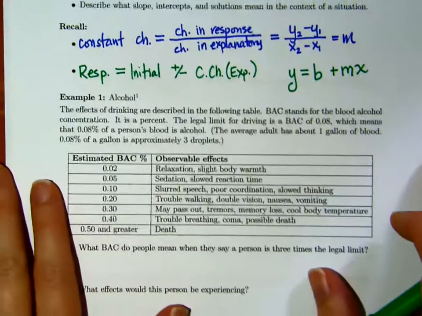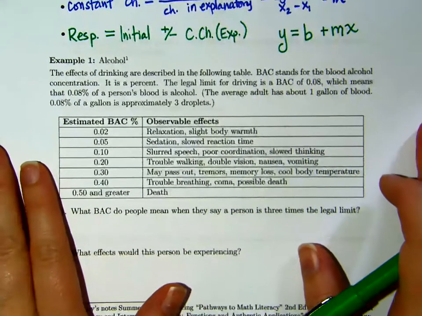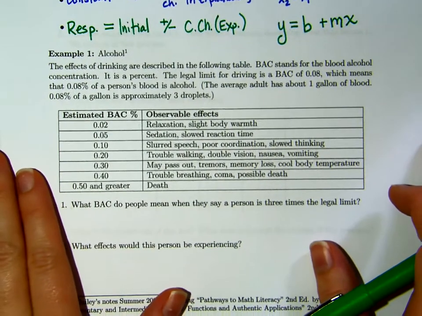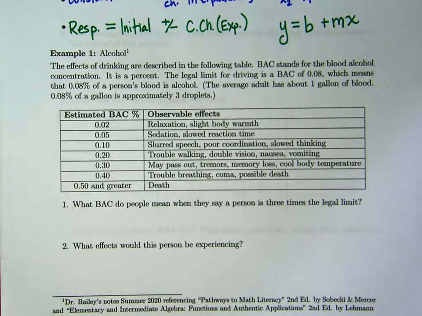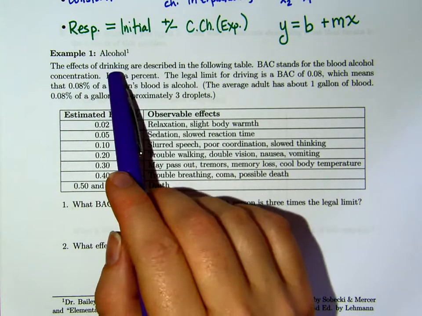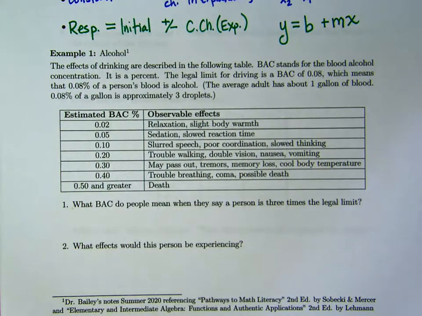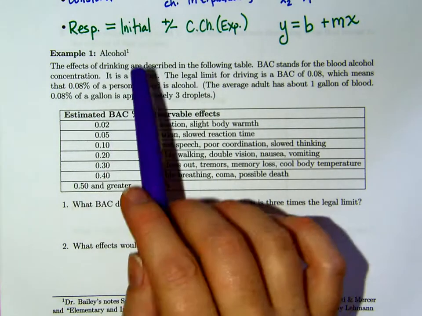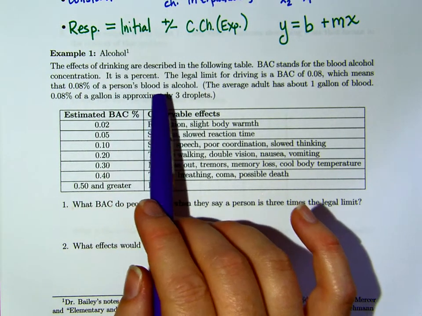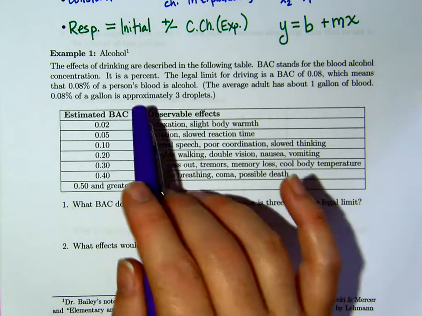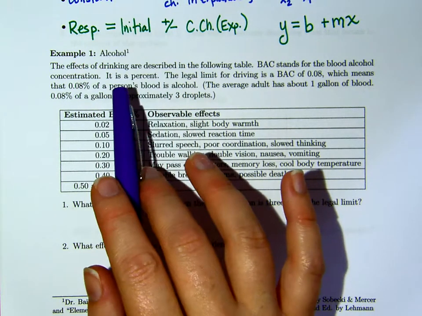Okay, in example 1, it talks about alcohol. Now I need to say this even though I don't call it a disclaimer, but it's worth talking about. A lot of students have a clearly visual and sometimes visceral response to the subject of alcohol being talked about. A lot of people giggle and a lot of people wince. So I want to make sure everyone is a little bit sensitive to this topic, because the reason why people giggle and wince is because they're uncomfortable.